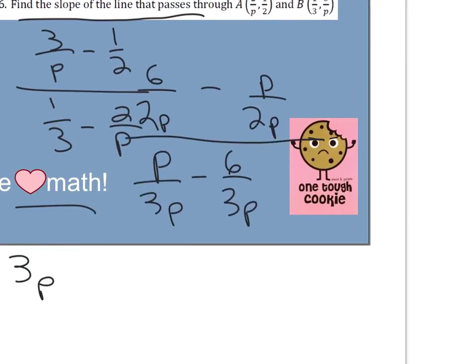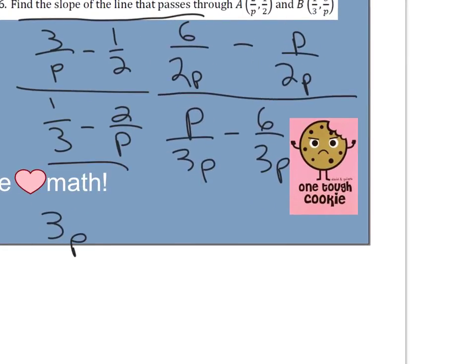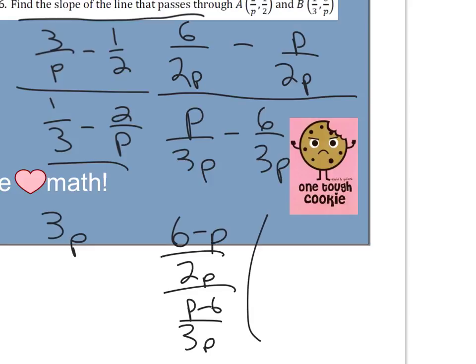So then my first kind of maneuvering here would be this. I will have (6 minus p) over 2p, over (p minus 6) over 3p. So remember how you get rid of fractions within fractions. You multiply by the reciprocal. That cancels, that cancels, that cancels, that cancels. But you do it to the top as well. So you have 3p over p minus 6.